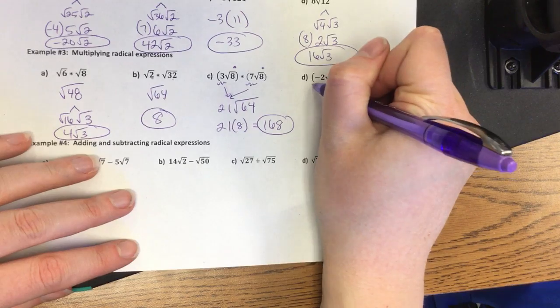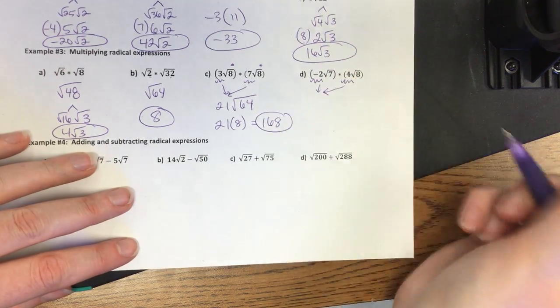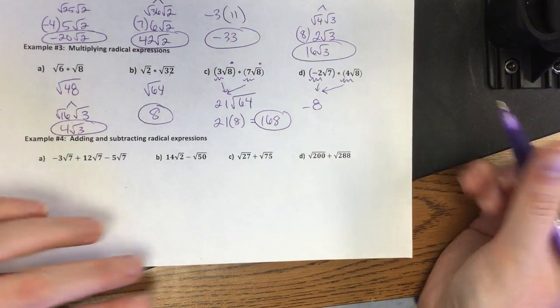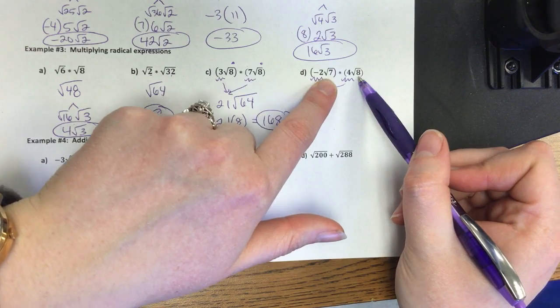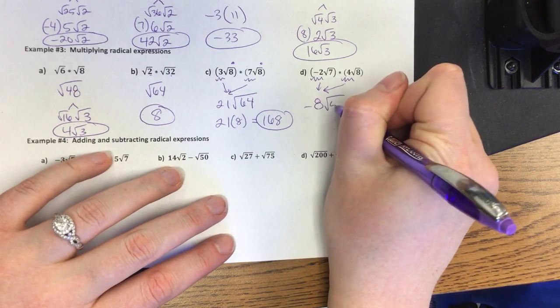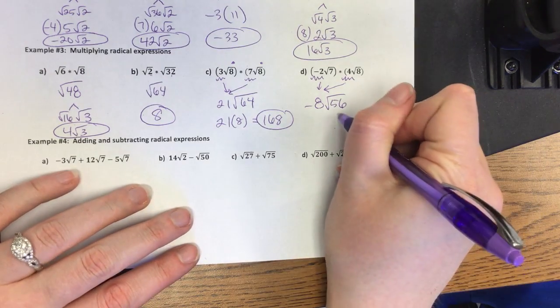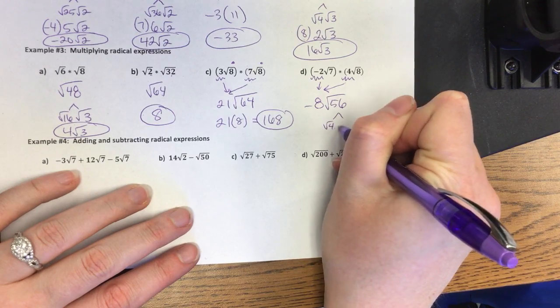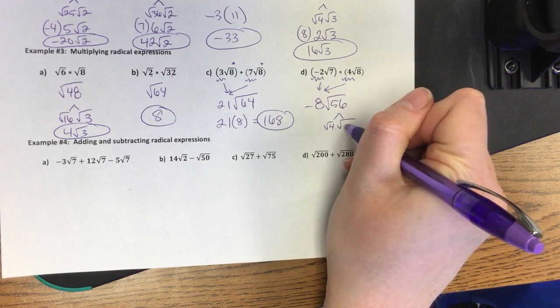All right, same thing here. I've got to multiply my outsides together first. So that's going to give me a negative 8. And then 7 times 8 is 56. And I wonder what 56 divides by. Does it divide by 4? Oh, it sure does. All right, so I'm going to break this one down. 4 goes in exactly 14 times.